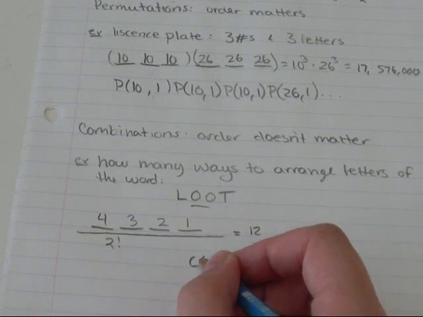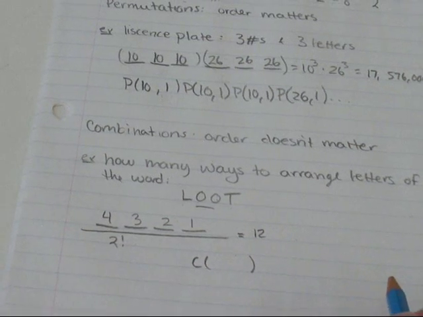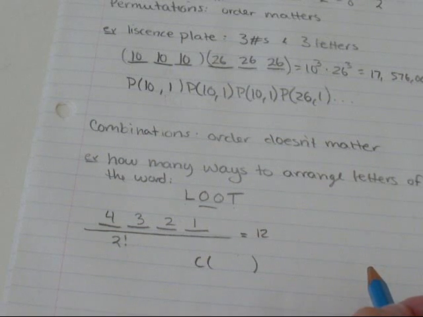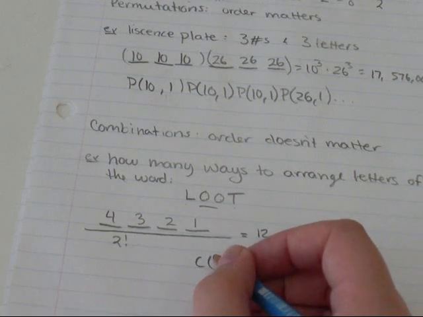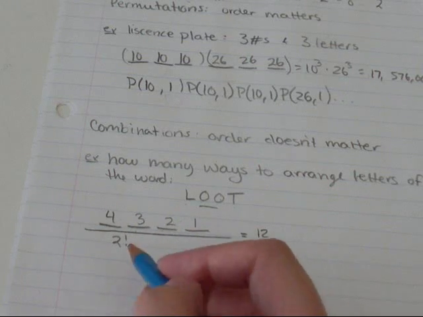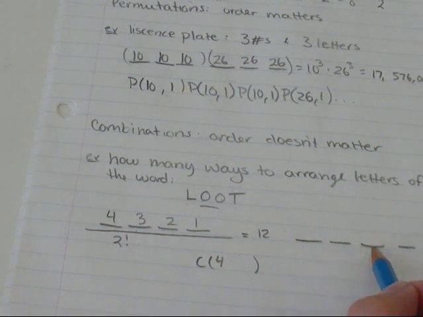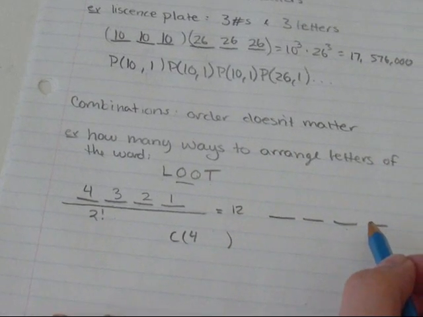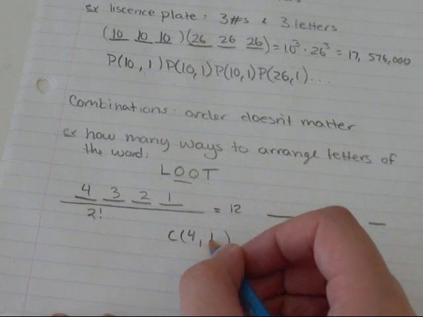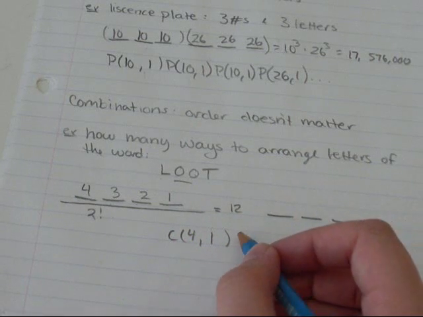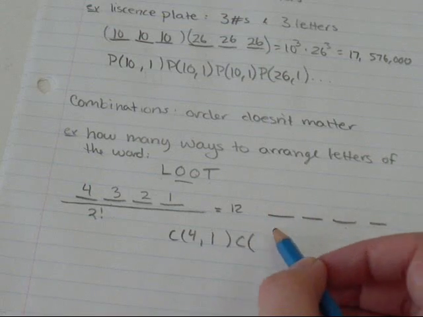Another way you think about this, up here we use P for permutations, which uses C for combinations, is I'm going to choose, first, from one spot, I'm going to choose 1 to be the L. So from these 4 places, I'm going to choose either this one, this one, this one, or this one to house my L. So for the first, I'm going to choose one spot from those 4, and then choose from the remaining 3 spots.